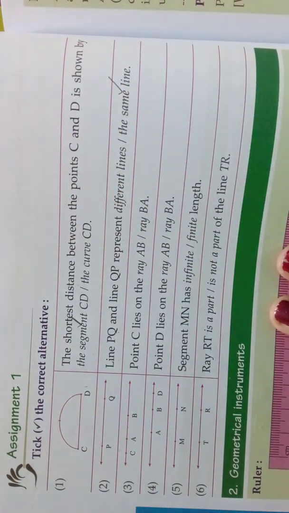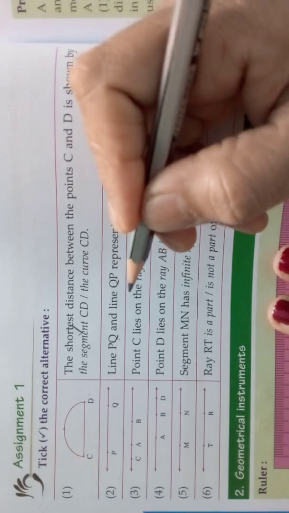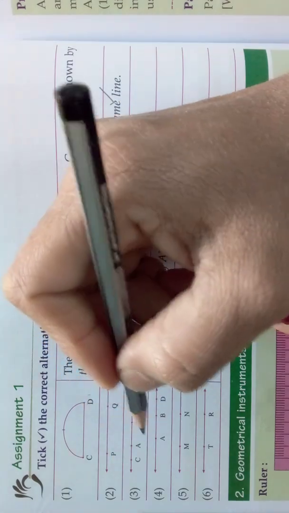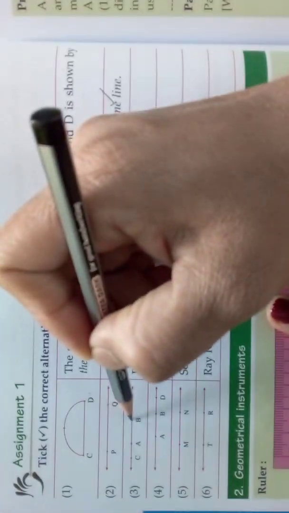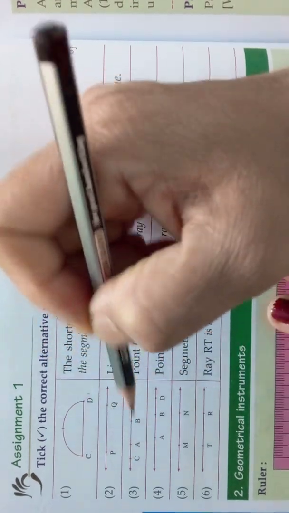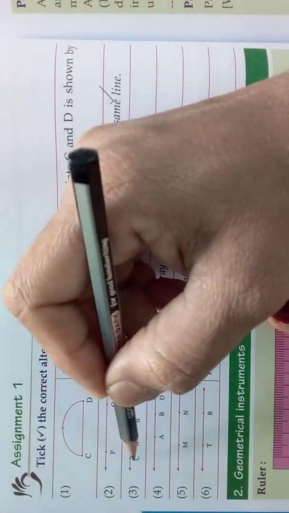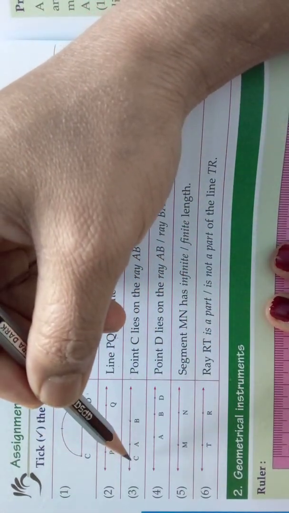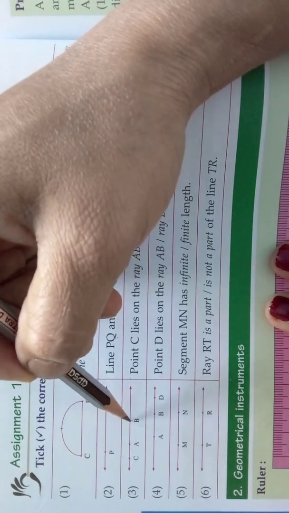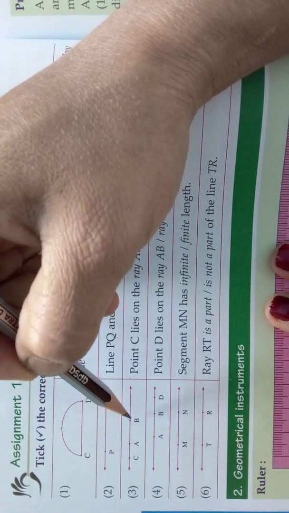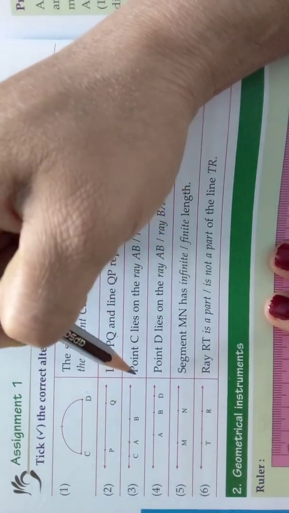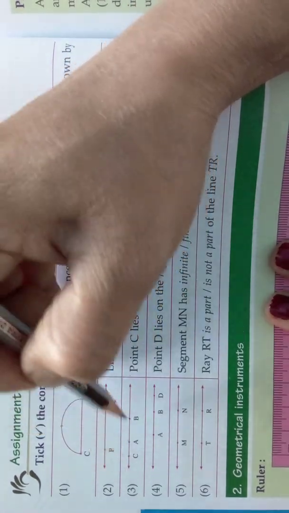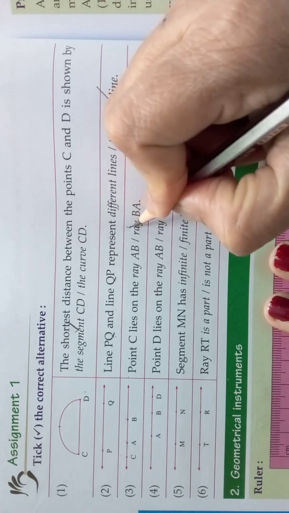Point C lies on the ray AB or ray BA. So what is the ray here? Look here, AB is a line segment and both the ends are extending. It's a line, and C is here. So point C lies on ray AB, with A the initial point going on like this, or ray BA, with initial point B going on.